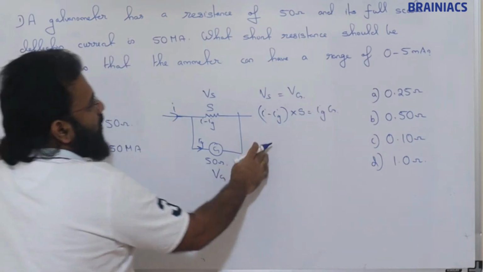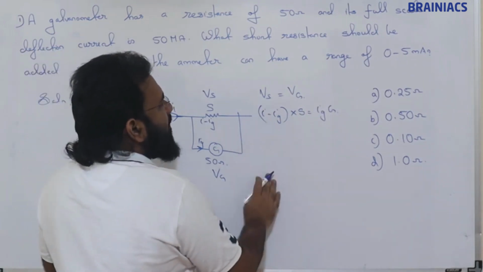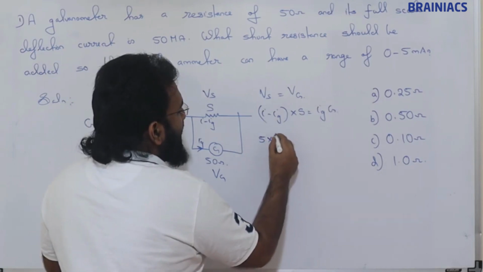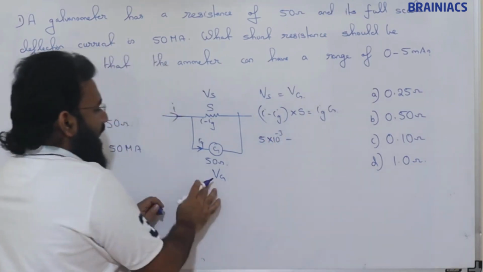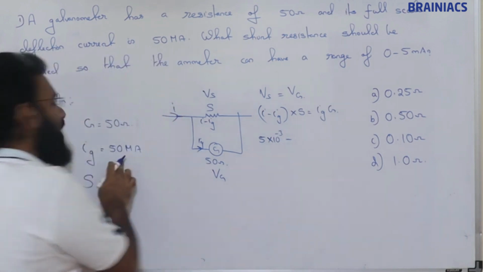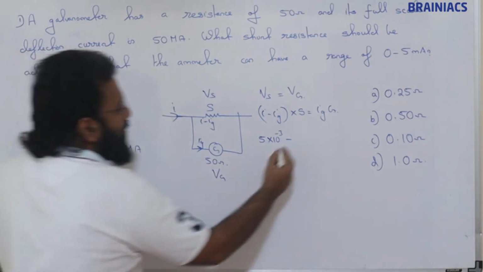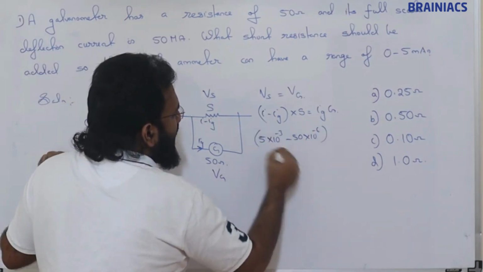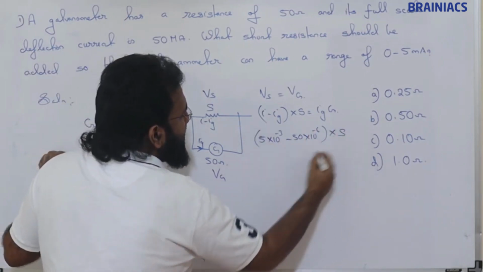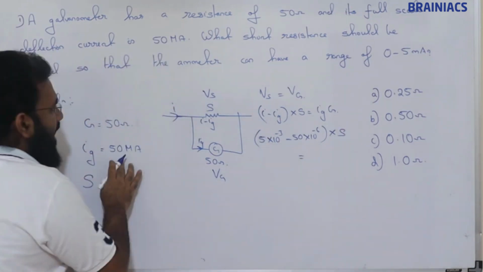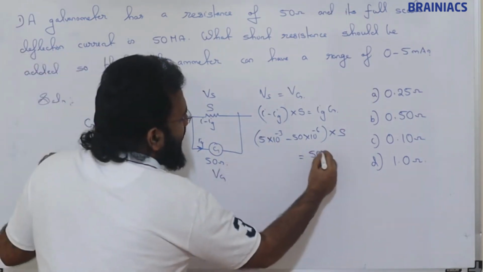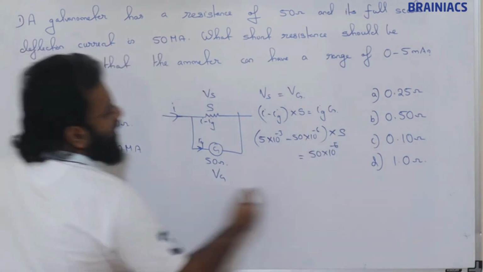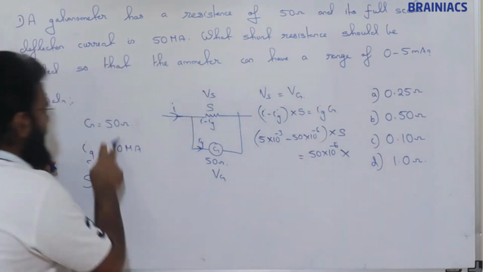So the maximum current which can be measured is 5 milliampere. So 5 into 10 raised to minus 3, minus Ig, which is given as 50 microampere, that is 50 into 10 raised to minus 6, into S is equal to Ig into G, that is 50 into 10 raised to minus 6 into G, which is given as 50.